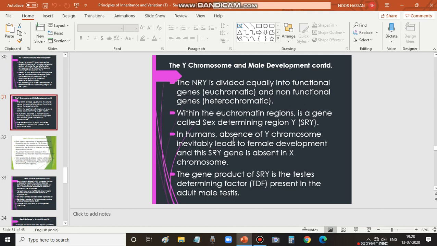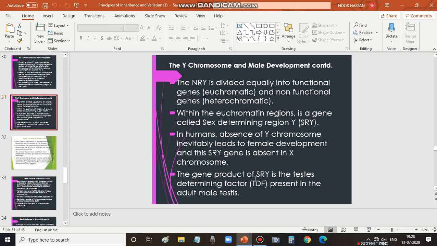In humans, absence of the Y chromosome inevitably, that is compulsorily, leads to female development. This SRY gene, sex determining region Y, is absent in the X chromosome. That is why the child is born as female.